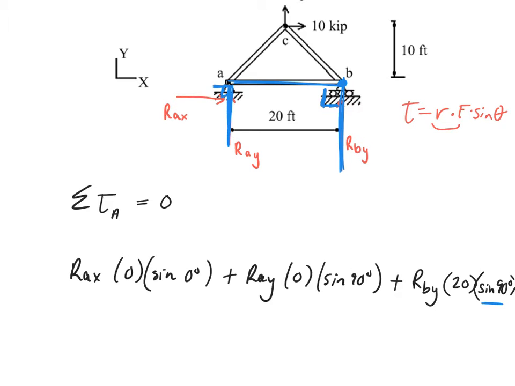RAX is acting like this. You see what I'm saying? Look at the diagram. We're pushing on the hinge. It's not going to cause any rotation because the angle between the vector F and the vector R is just 0 degrees. So that becomes the sine of 0 degrees, but it's also because it's on the actual fulcrum and there's no distance between it. So it's 0 for two reasons actually here, right?